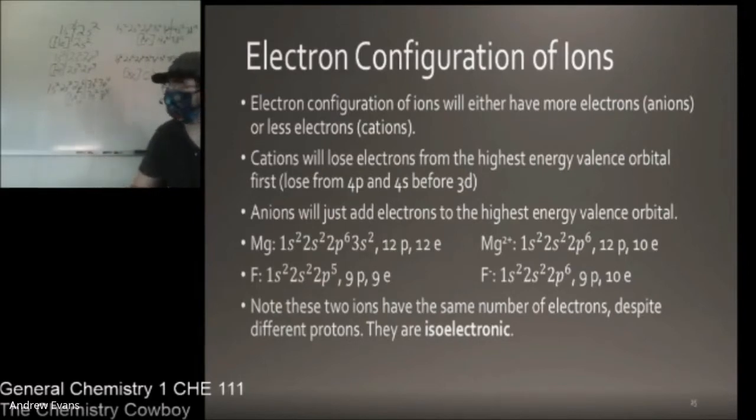Just like we're moving to the right. So the example I give is fluorine. Neutral fluorine is 1s2, 2s2, 2p5. To add one electron, you would add it to the 2p5 so that you now have 2p6. Fluorine will be stable with 2p6.